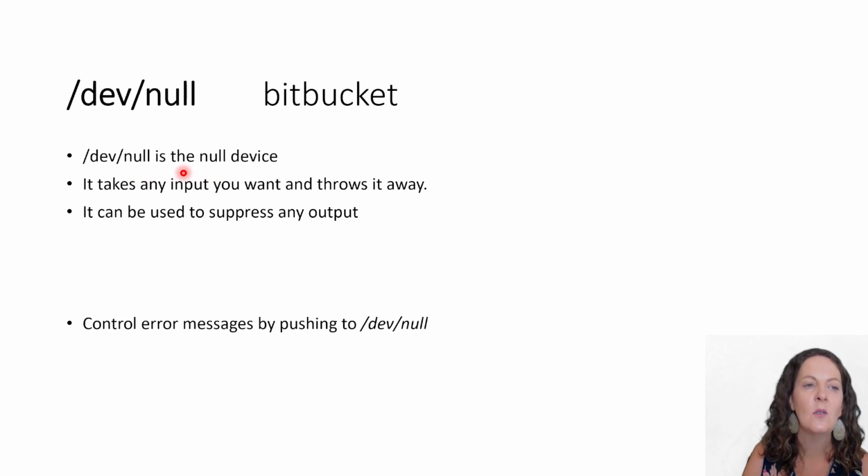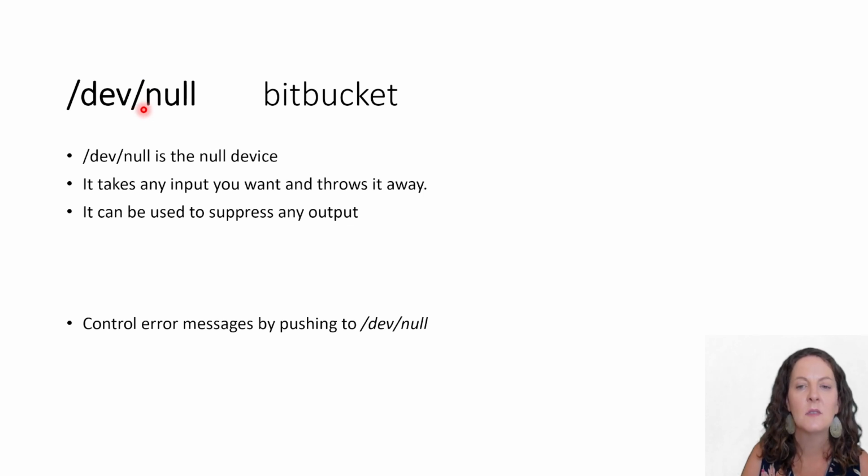So in all Unix-like operating systems, this /dev/null, which is also known as a bit bucket, is for when you have the situation where you want to redirect your output of your command, but also you want to throw away any errors. So you can do this by redirecting the command's output into the bit bucket, into this null file.